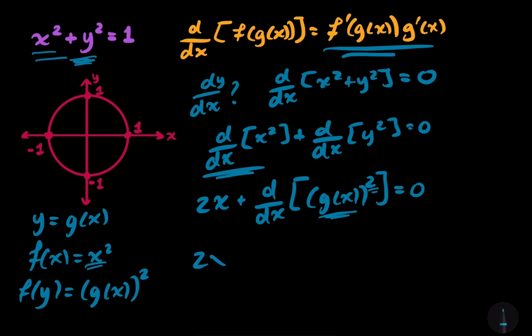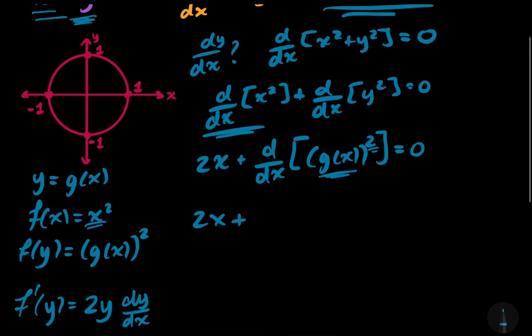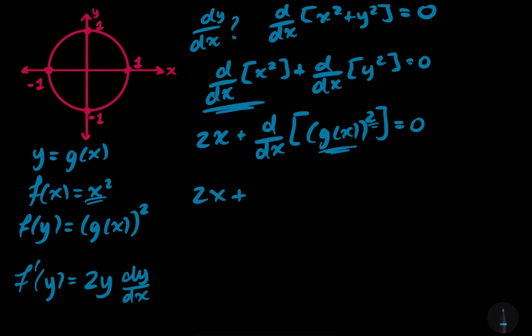So we'll get 2x plus, what is the derivative with respect to x of x squared? Well, that's just going to be 2x, but this time we input y, or g of x, into that. So f prime of y is going to be 2 times y, times the derivative of y with respect to x. Here we're essentially using the chain rule: we take the derivative of our outer function and then input g of x.